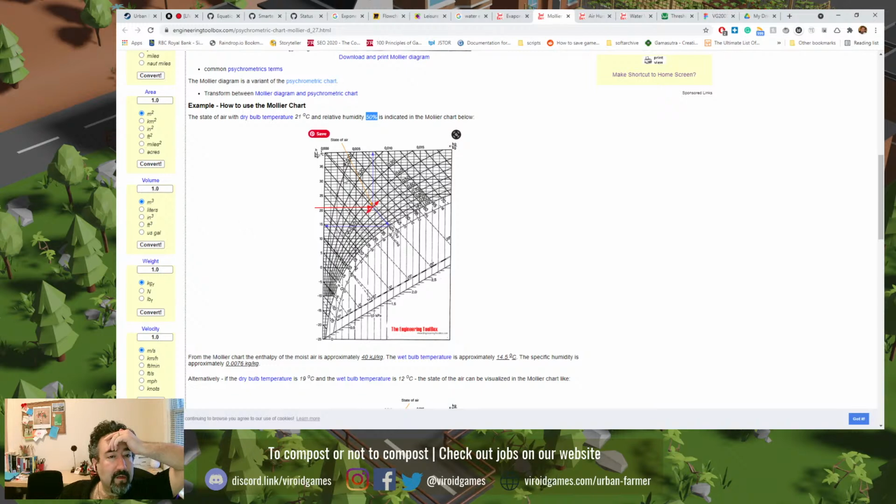Along this diagonal line, how badly these numbers change. Temperature drops or goes up. In other words, if we are at 21 degrees, the moisture is increasing.